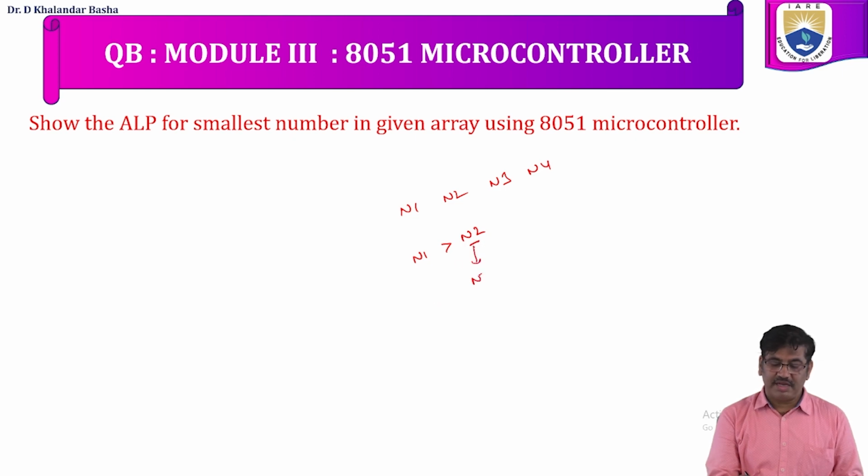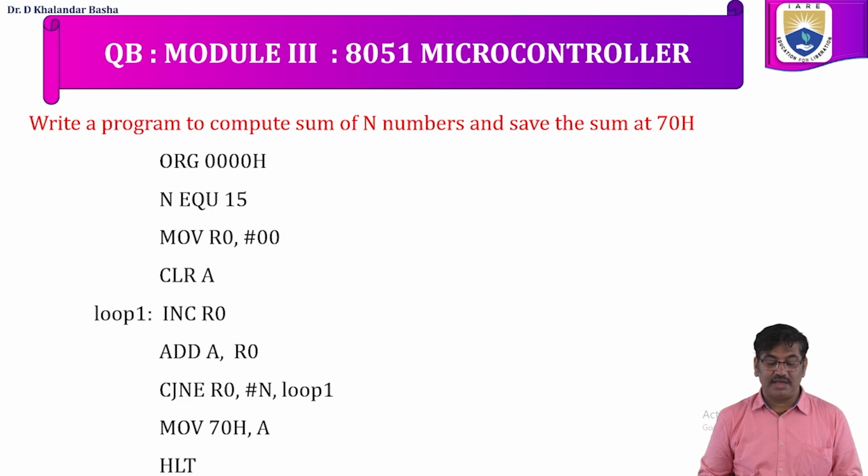Again, n2 will be compared with n3. Assume n2 is the smallest number. As this condition fails, we keep n2. Then we compare n2 with n4. After comparison, whichever is the smallest is stored as the output. This is the logic for finding the smallest number in the array.